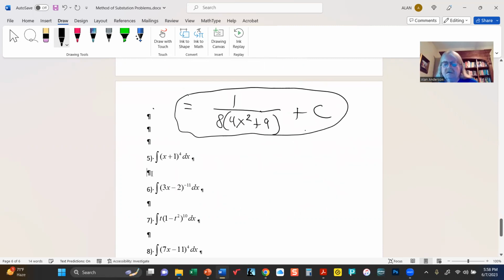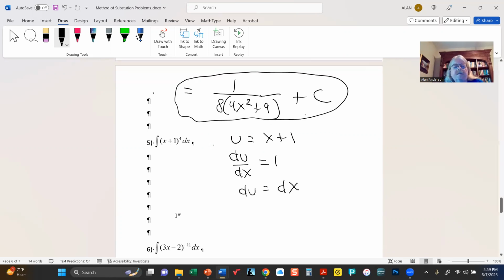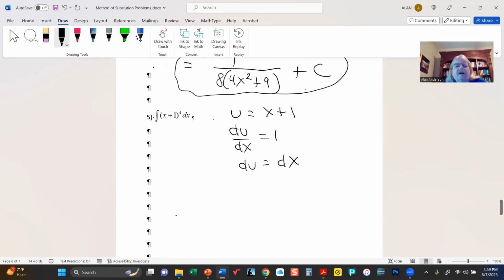Now, this one is actually far more straightforward because all we have to do is this. You've got x plus 1 to the fourth. Let's just let u be x plus 1. Yeah, you can see this one will be very straightforward. Whenever we have a polynomial like this, it's usually going to work very easily.